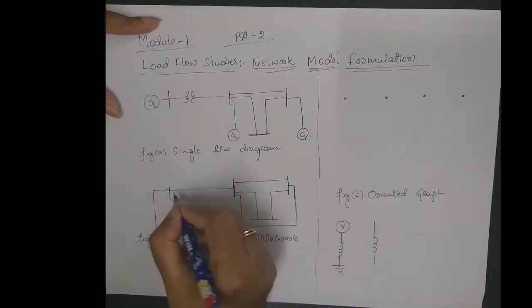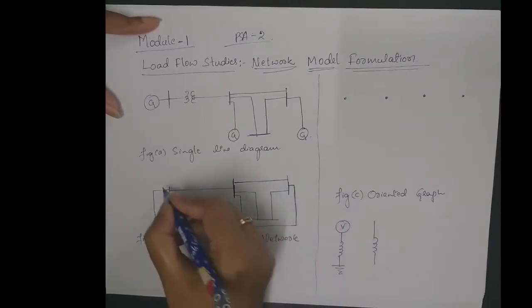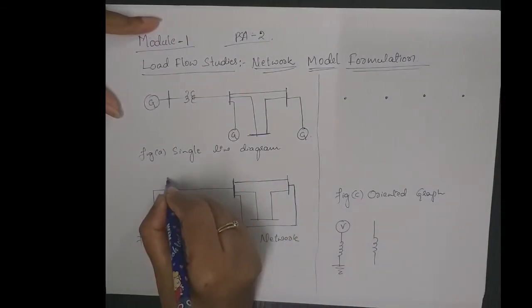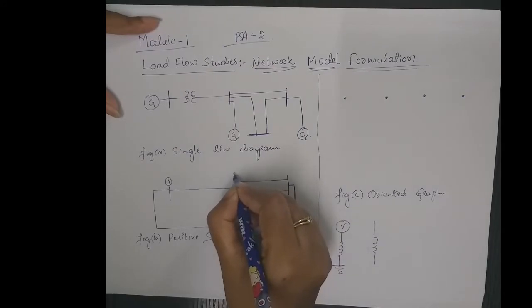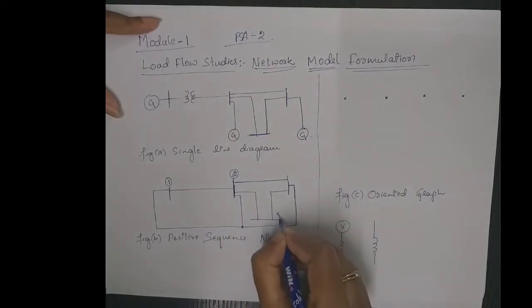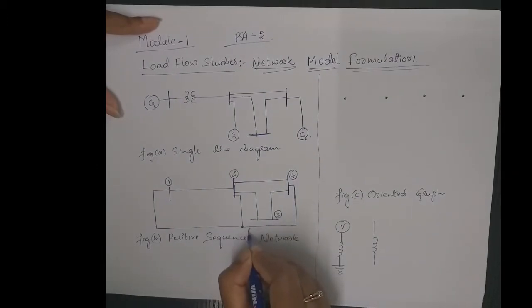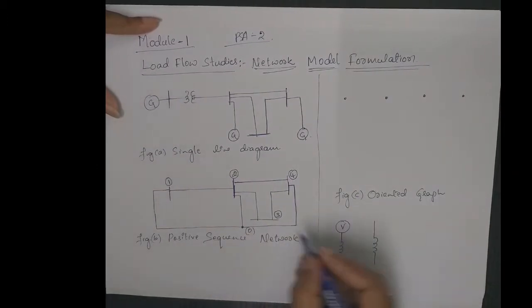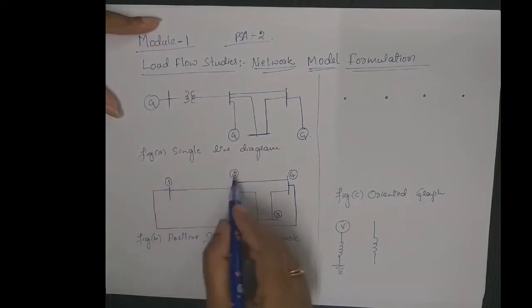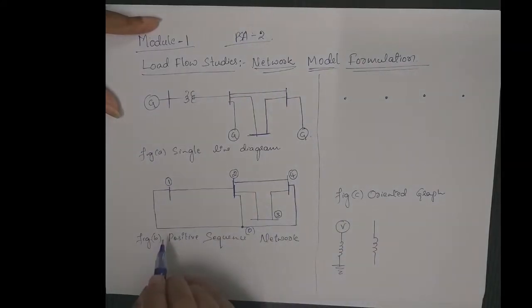So let us name the terminals, the buses here. Let this be the first terminal, let this be second, third, fourth. This is the reference, let us take it as the 0th terminal. These terminals are called nodes.